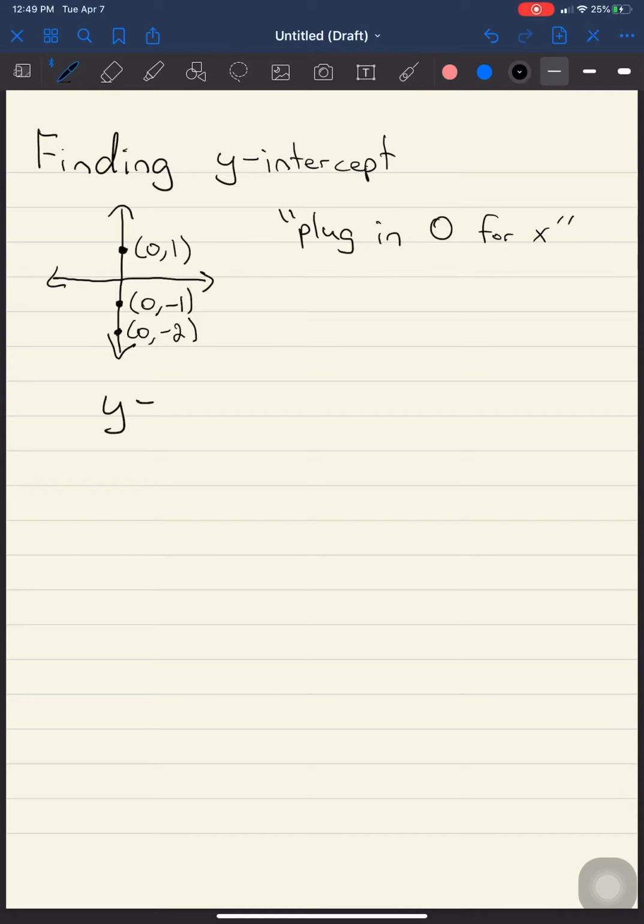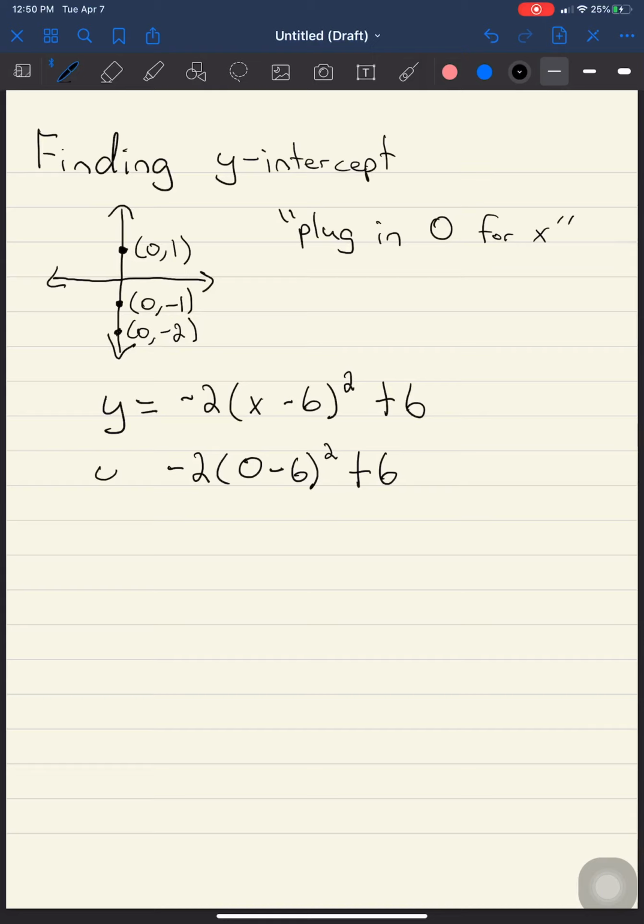If I have y equals negative 2 times x minus 6 squared plus 6, and I want to find my y-intercept, all I have to do is plug in 0 for this x. So I can just do negative 2 times 0 minus 6 squared plus 6.